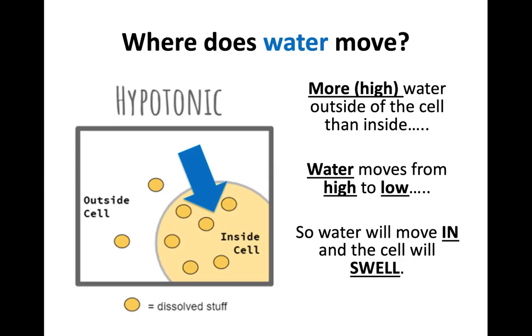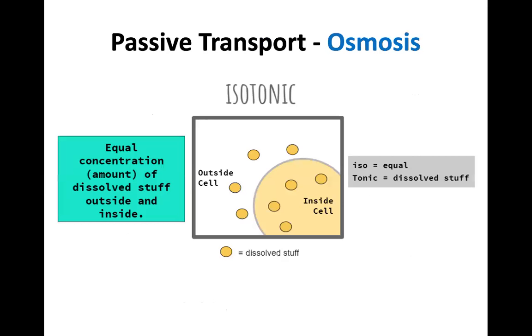Okay, I don't want you to get confused because these can get tricky. So the water is going to go inside because there's more out here, and we eventually want to be what? Equilibrium, balanced, okay? In an isotonic, this is the easy one. That means that whatever there is is balanced, so it's equal.